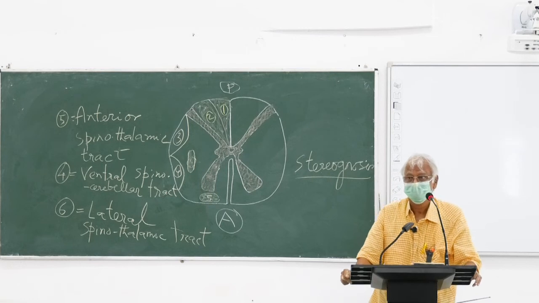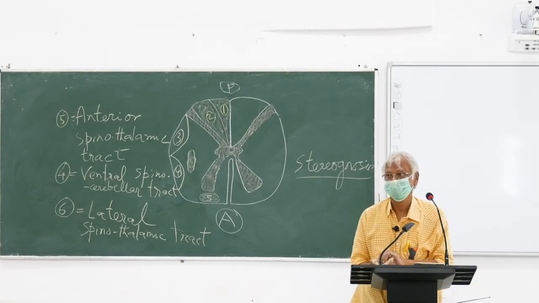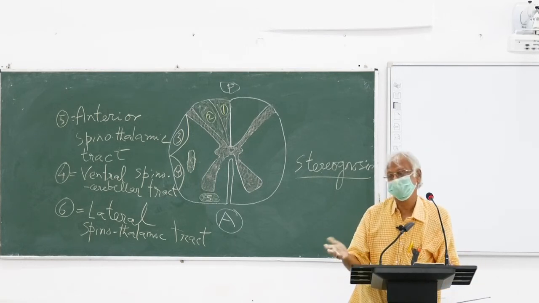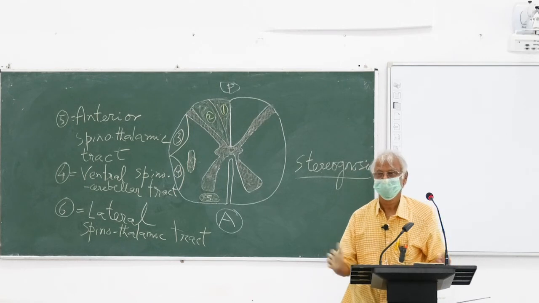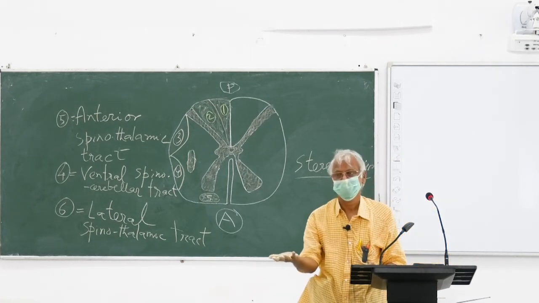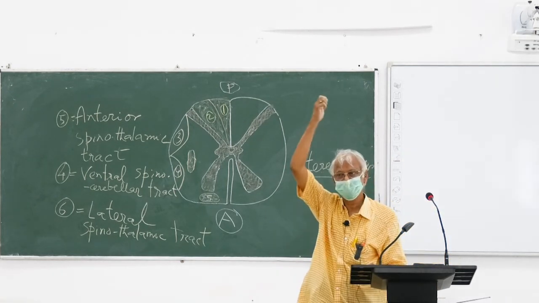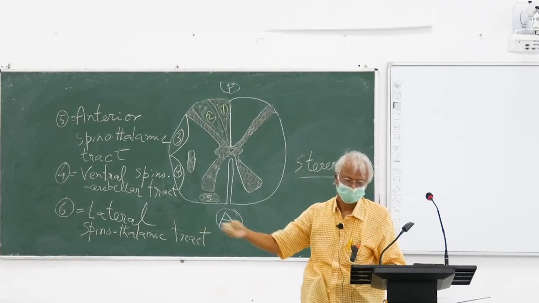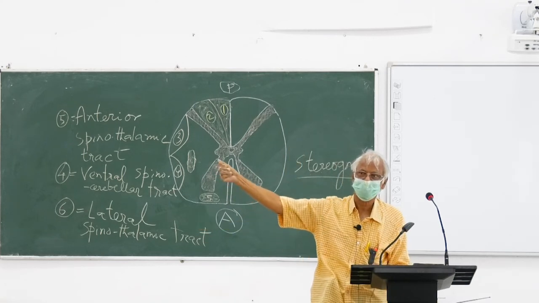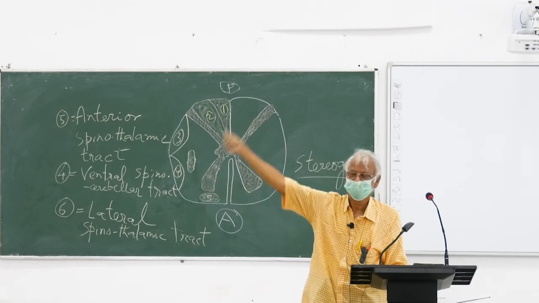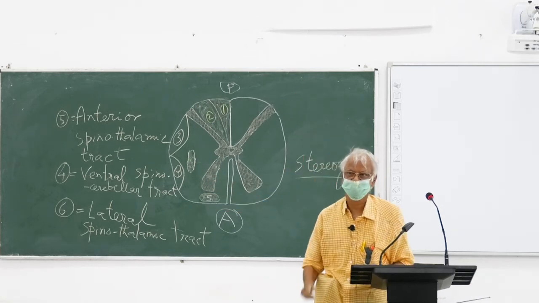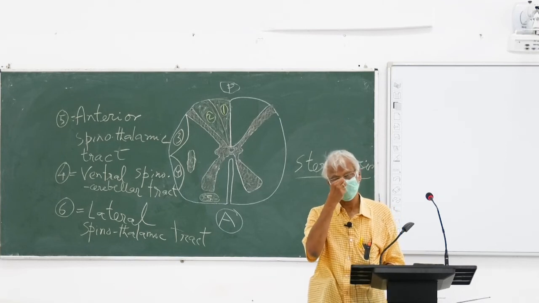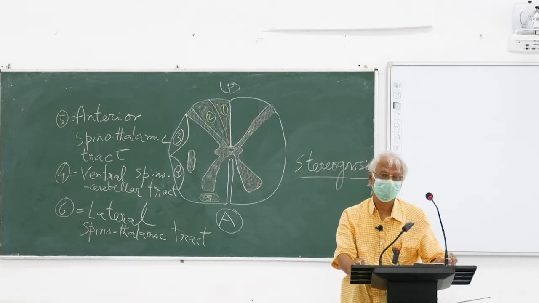Spinocerebellar tract, they carry sensations of position and posture. Is it here or here or here? So, position of the palm, stretched laterally, up, down, front, back, etc. So, this is through the spinocerebellar tract.